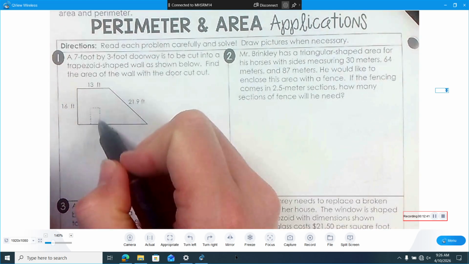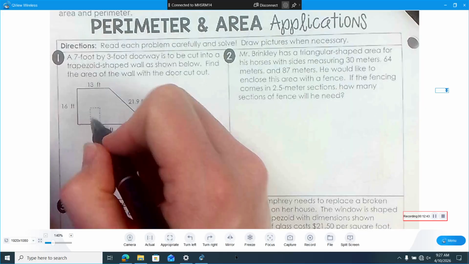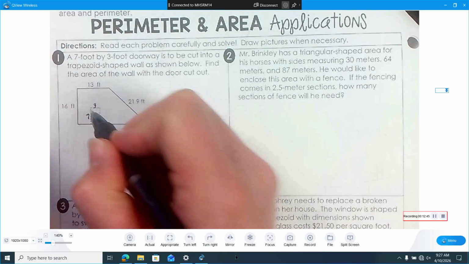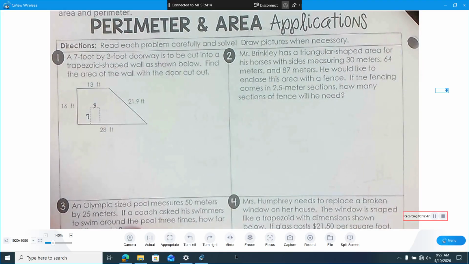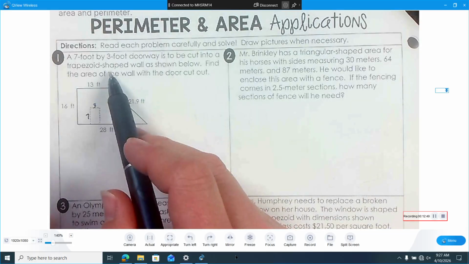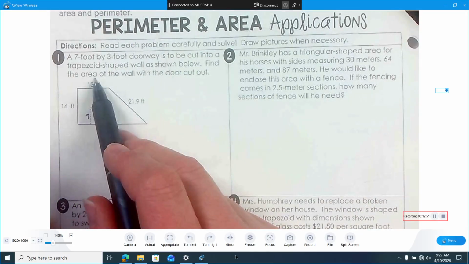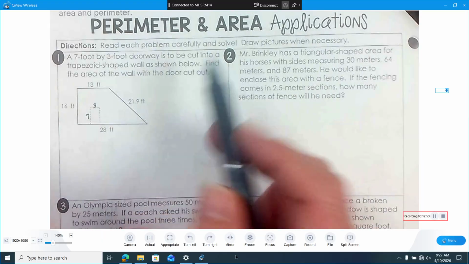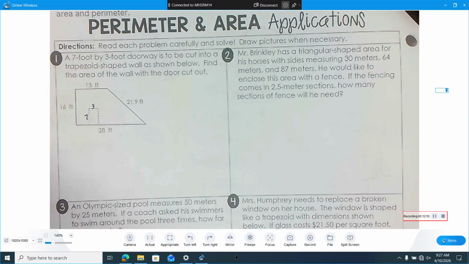So this is the doorway that they're going to cut, and it's 7 by 3 feet. So that's the doorway that's going to be cut out. Find the area of the wall with the door cut out. Interesting. We want the area once we remove the door. What should we do first, do you think?